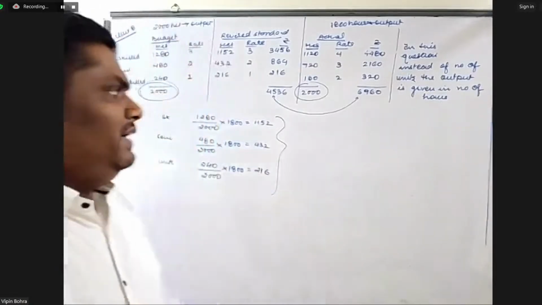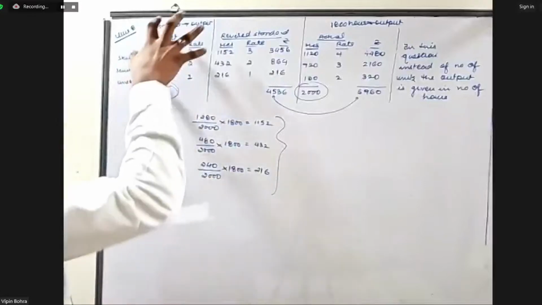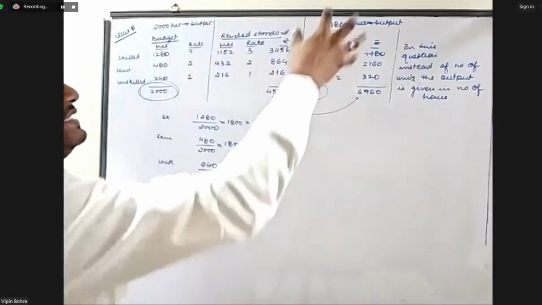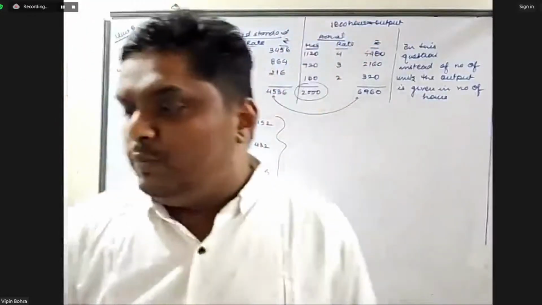See, the budgeted data is given for 2000 hours of output and the actual data is given for 1800 hours of output, Sanya.